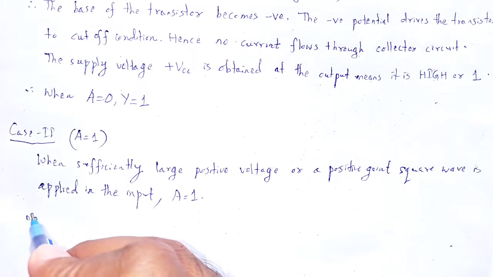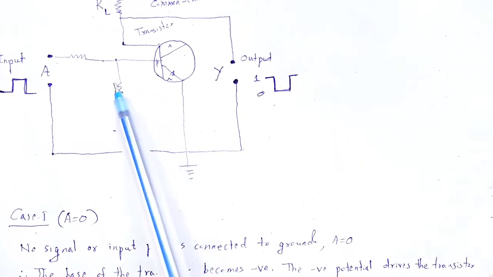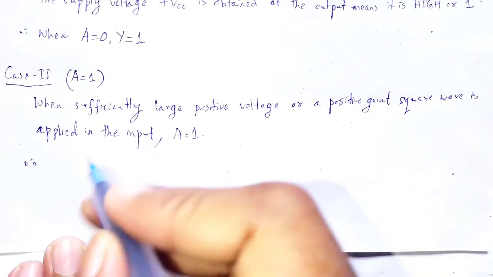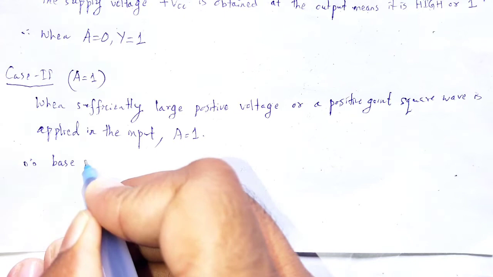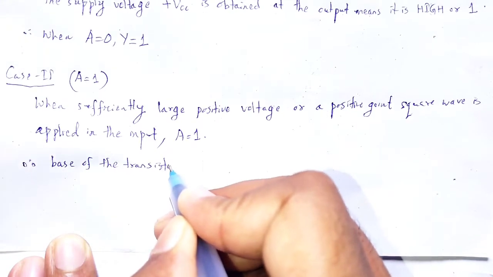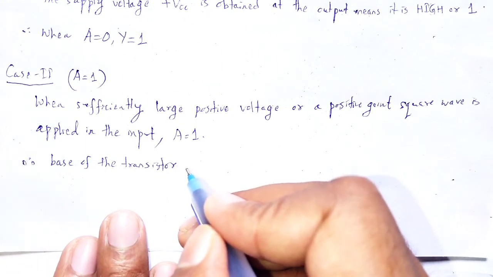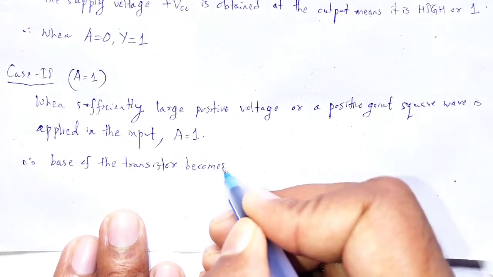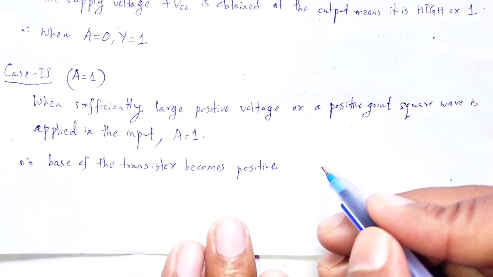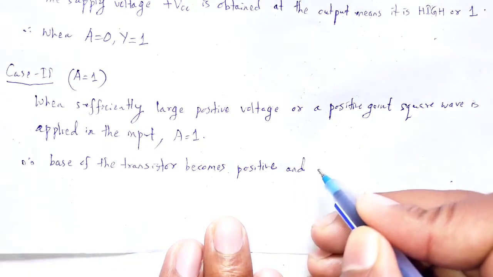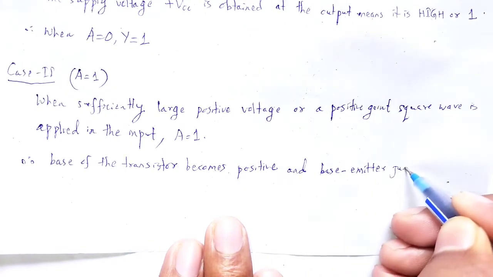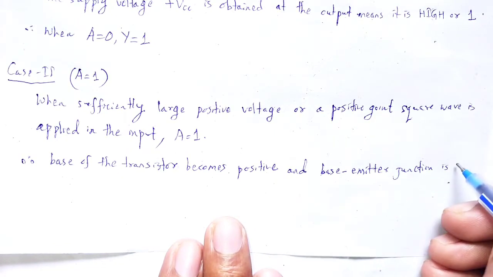Therefore, the base of the transistor becomes positive in that situation, and the base emitter junction is forward biased.